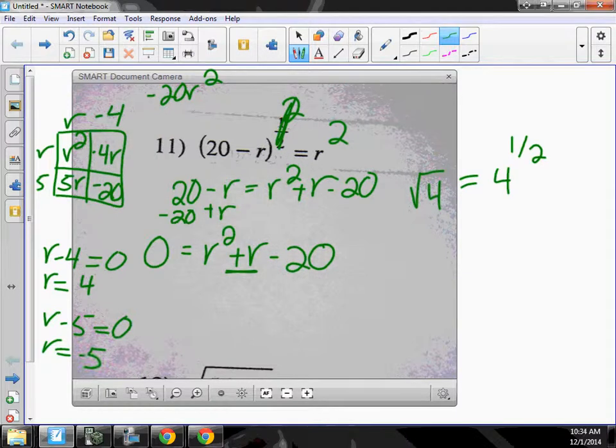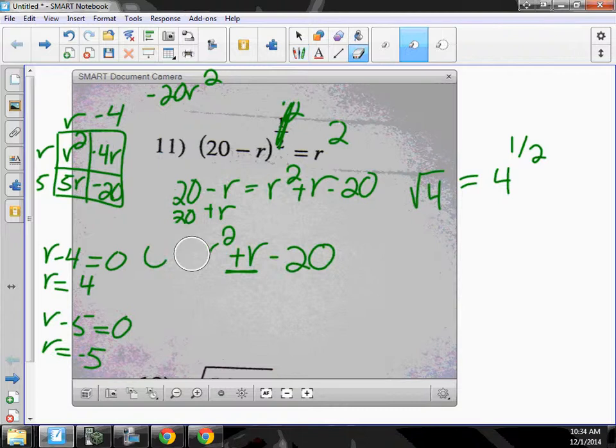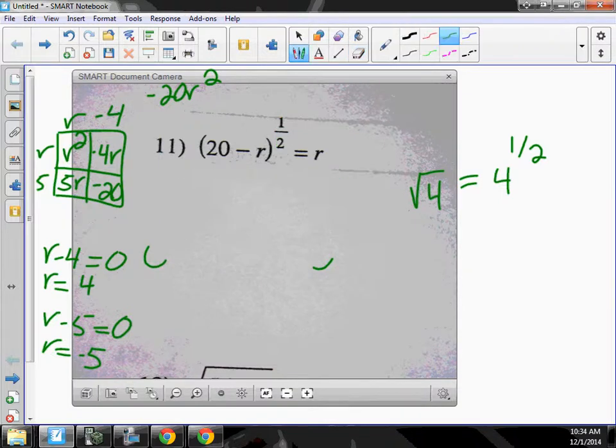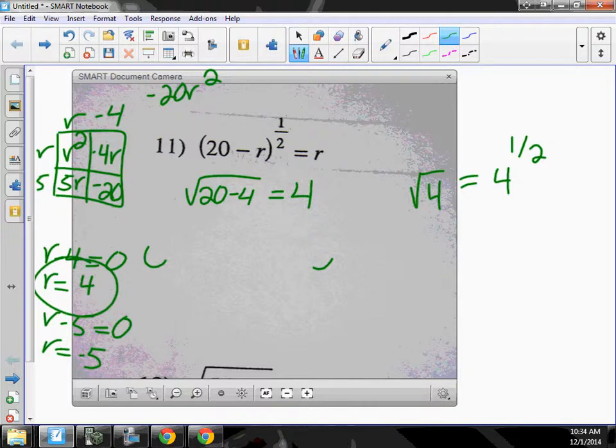I need to check and see, do they work? So I go back to the original equation. So the square root of 20 minus 4, does that equal 4? Twenty minus 4 would be 16. Is the square root of 16 4? Yes. So this answer works. Let's try the other one.